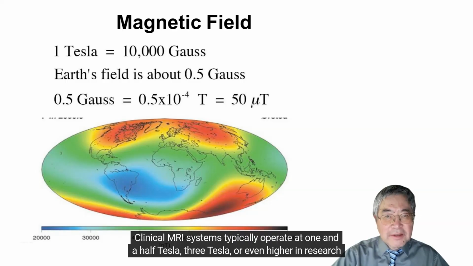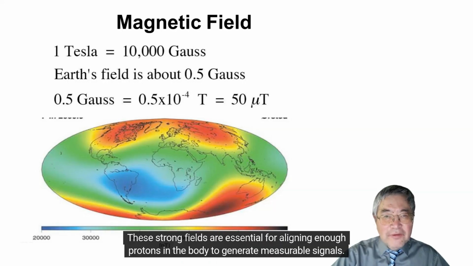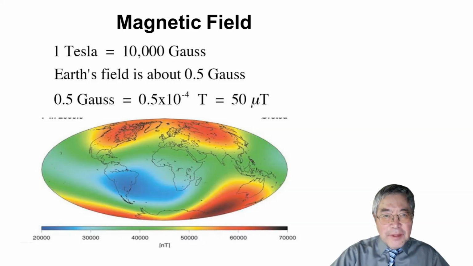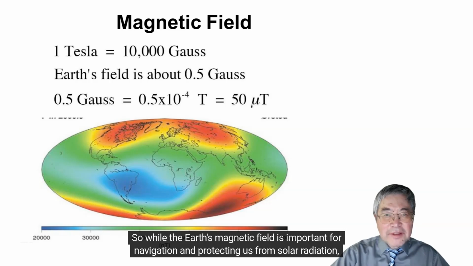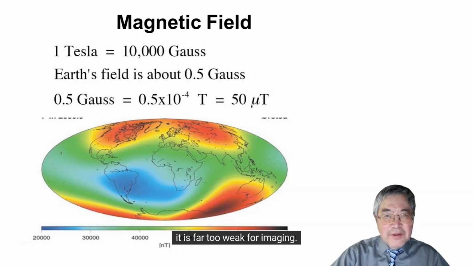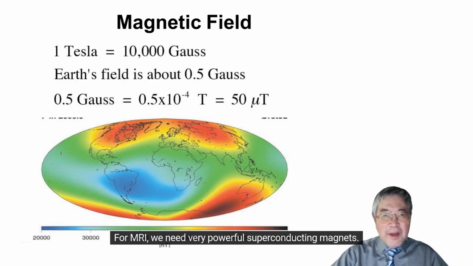Clinical MRI systems typically operate at 1.5 Tesla, 3 Tesla, or even higher in research settings. These strong fields are essential for aligning enough protons in the body to generate measurable signals. So while the Earth's magnetic field is important for navigation and protecting us from solar radiation, it is far too weak for imaging. For MRI, we need very powerful superconducting magnets.